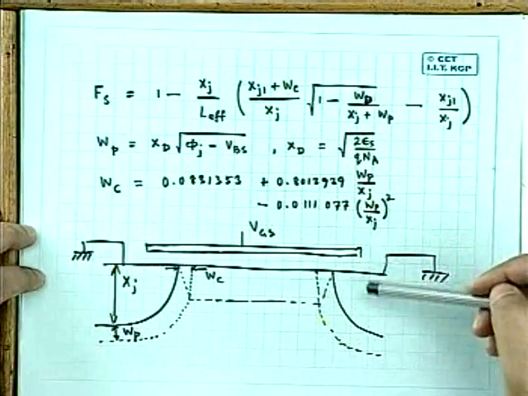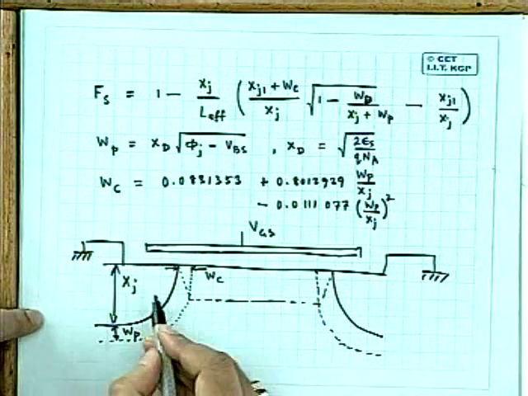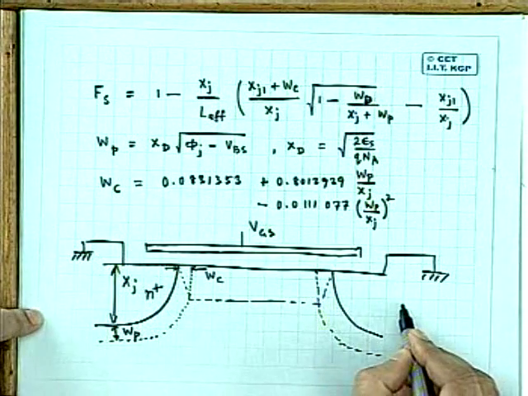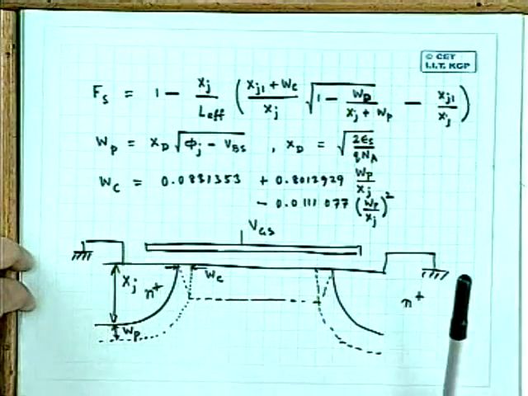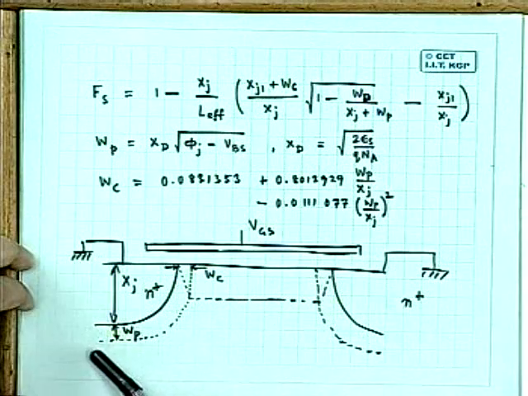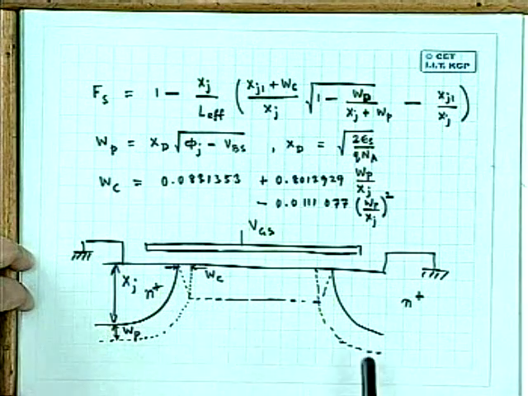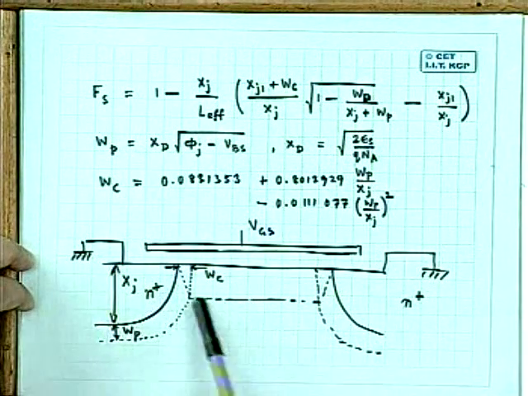Suppose the source and drain both are grounded, and grounded to the substrate. So you have a profile like this as indicated here.